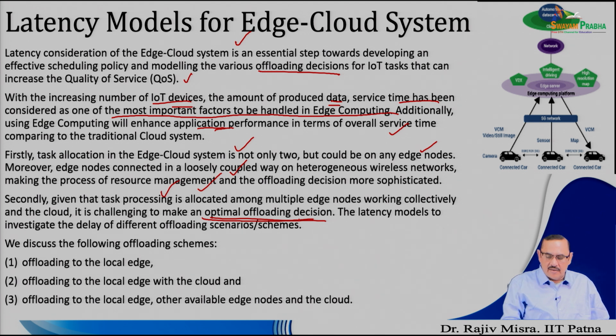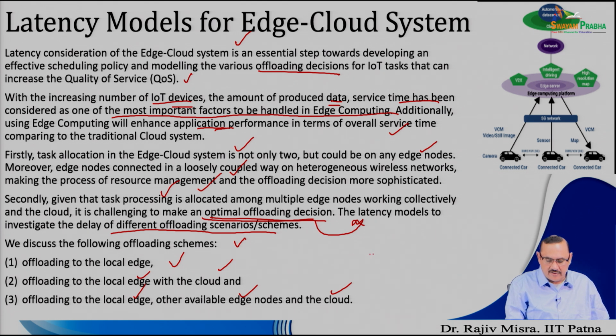So, thereby to guide this particular optimal offloading decision, often latency models are being used to investigate the delay of different offloading schemes. So, these are the following offloading schemes: offloading to the local edge, offloading to the local edge with the cloud, and offloading to the local edge, other available edges and the cloud.